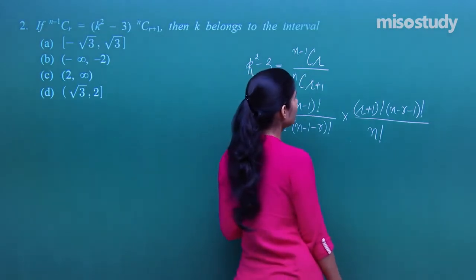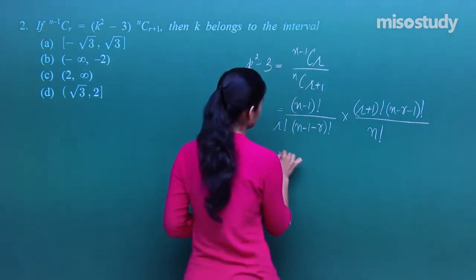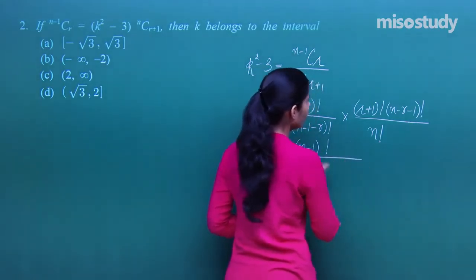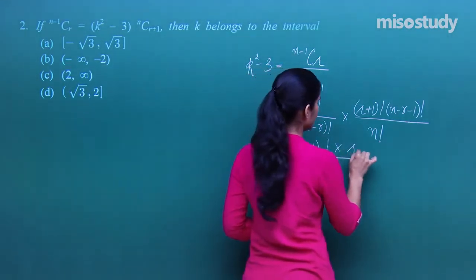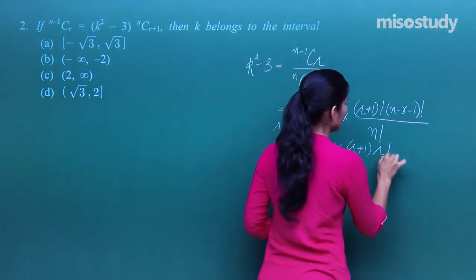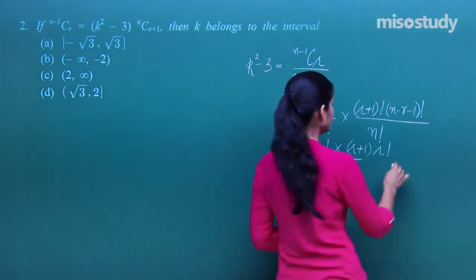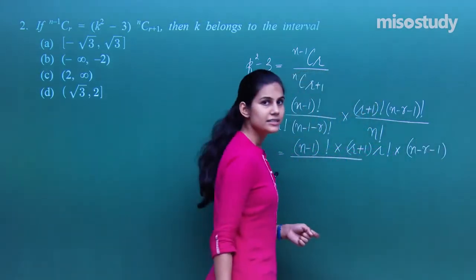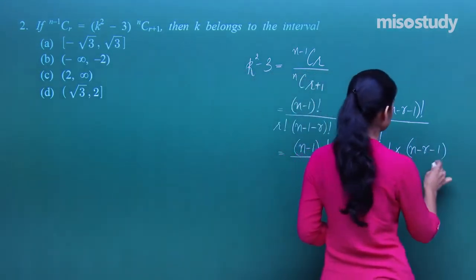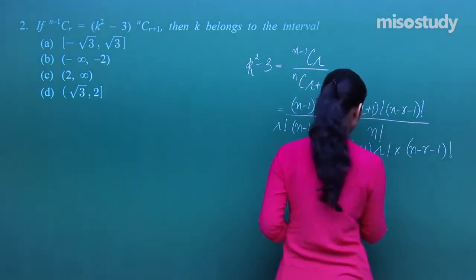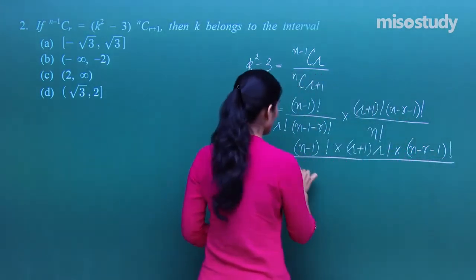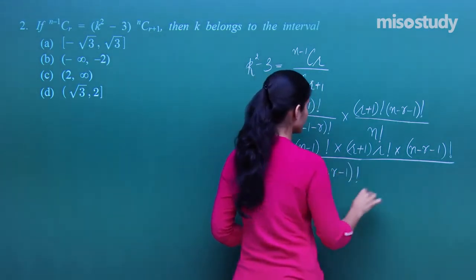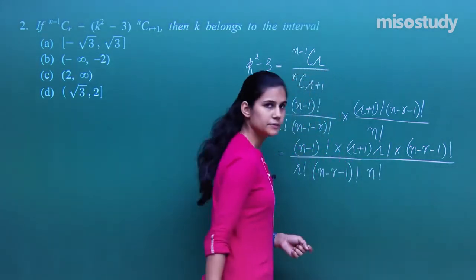So what you get is (n−1)! upon, and here you have (r+1)·r!, and (n−r−1)! upon r!·(n−r−1)!, and then n!.